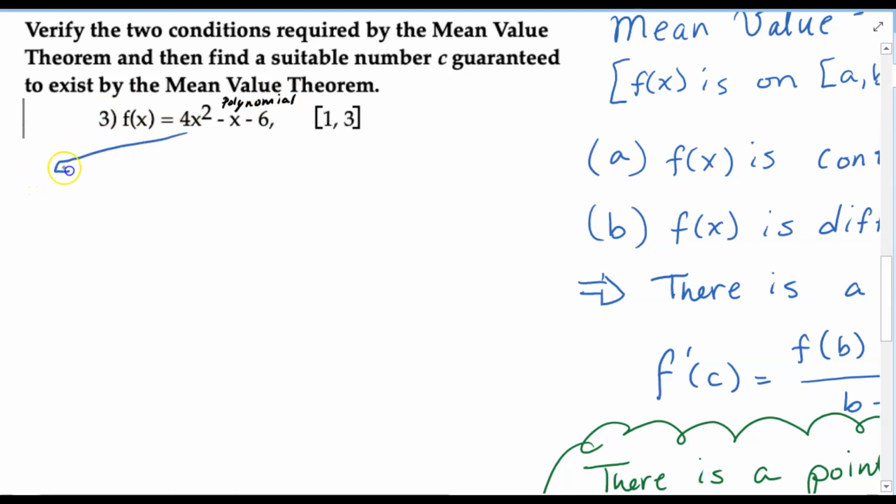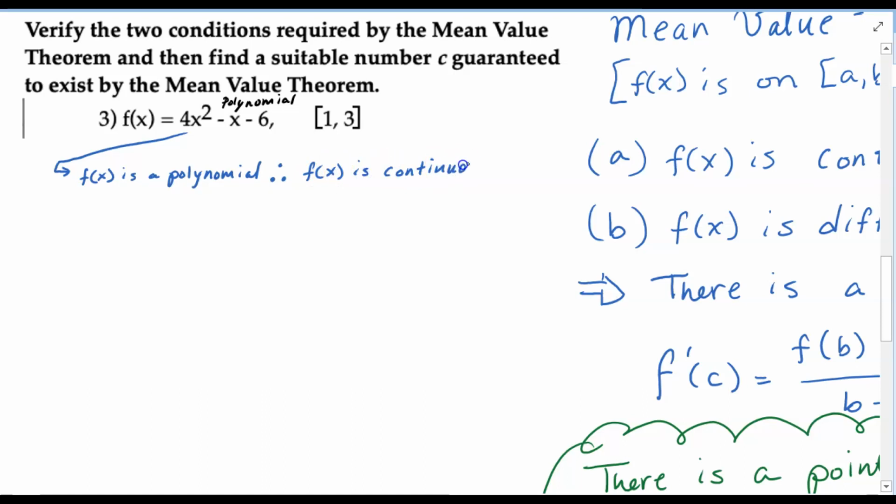Okay, let's write this down. f of x is a polynomial. So this takes care of the most important parts of the theorem. And that is to say that because it is a polynomial, it is actually continuous and differentiable everywhere.